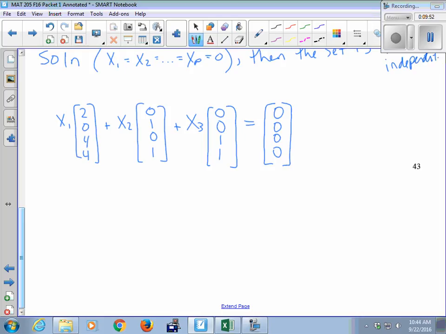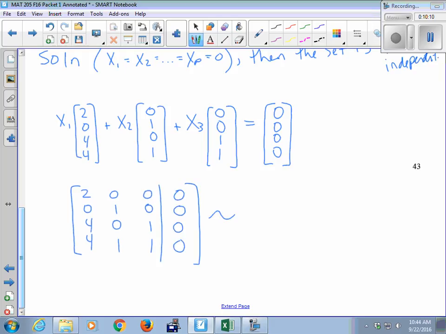How do I solve this thing? I'm going to make an augmented matrix and row reduce it. These are going to be the columns: 2, 0, 4, 4, 0, 1, 0, 1, 0, 0, 1, 1, augmented with the right side, 0, 0, 0, 0. Row reduce. At this point, you can use technology.